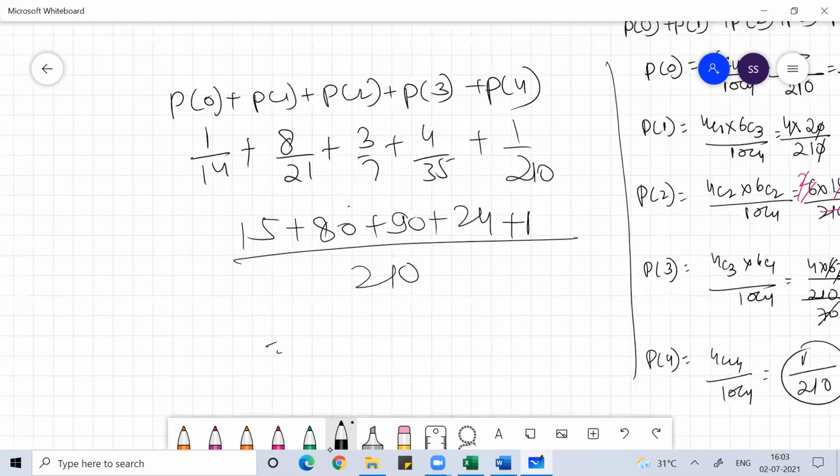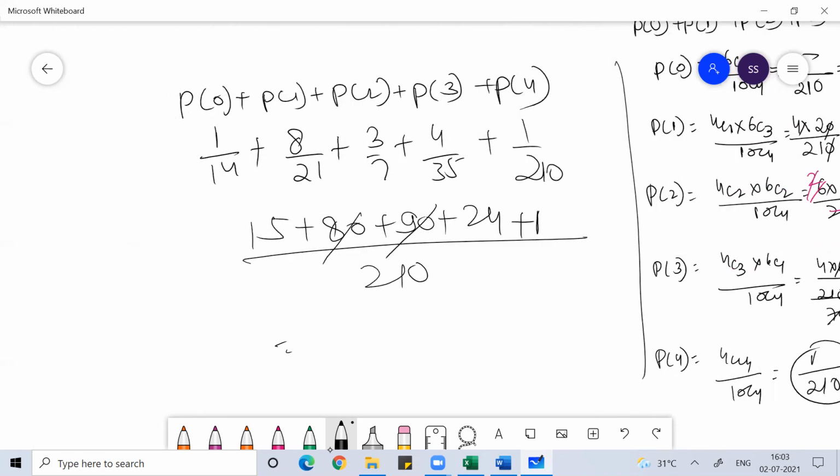Then check this: 80 plus 90 is 170, plus 25 is 195, plus 15 is 210.